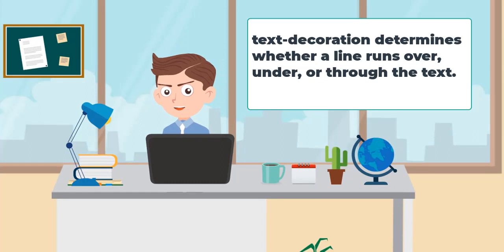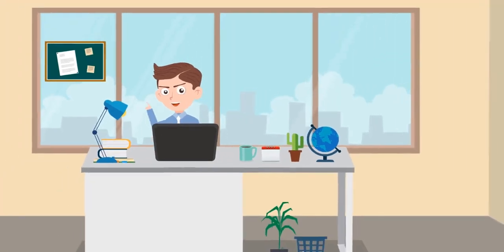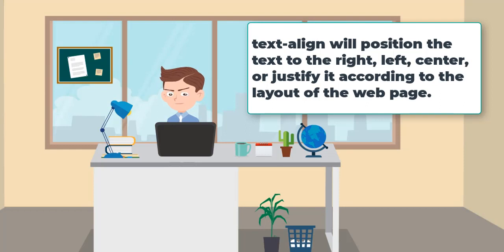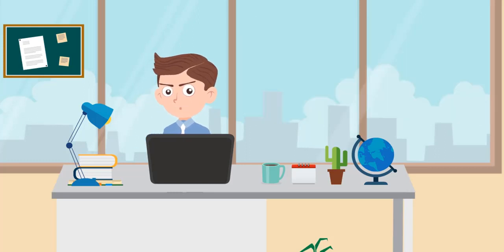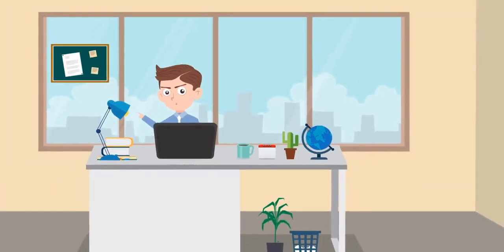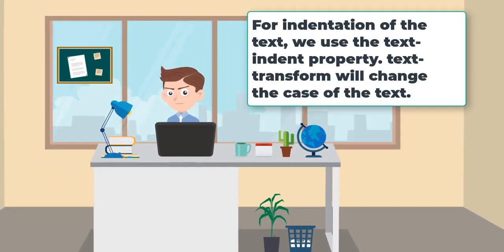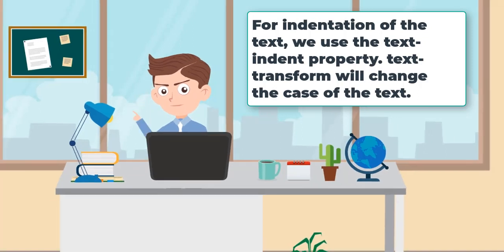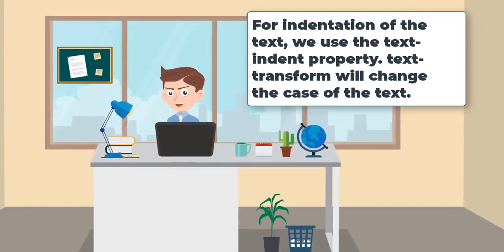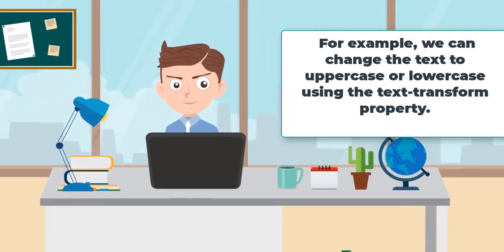We use text decoration to determine whether a line runs over, under, or through the text. Text align helps us to position our text according to the layout of the page, like right, left, or center. To make indentation of the text, we use the text indent property. We can use the text transform property to change the text to upper or lowercase.